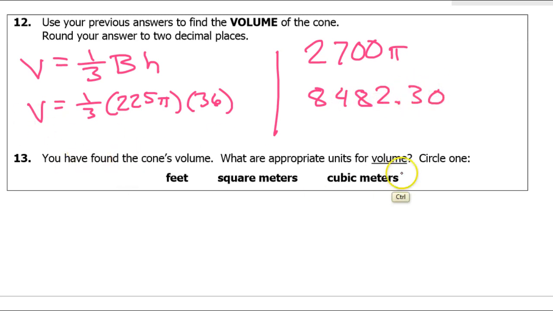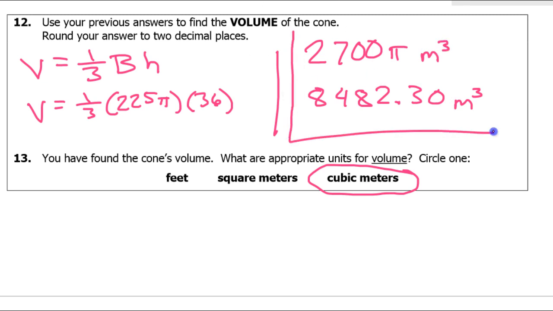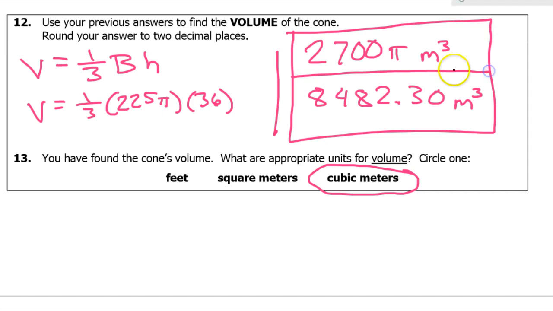Now this is volume, so the units will be cubic meters. All right, so these are the two versions of the answer.